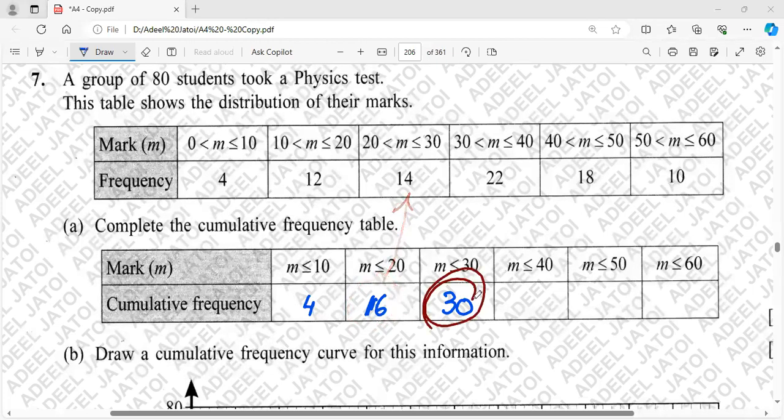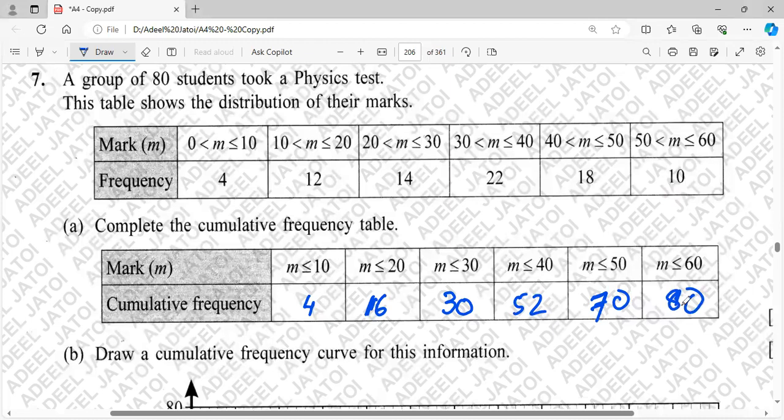Then the cumulative frequency adding up to the next class width: 30 plus 22 is 52. Then again, 52 plus 18 will be 70. So we'll write this down as 70. Then what do we have? This 70 will be added to 10, and you'll have 80.